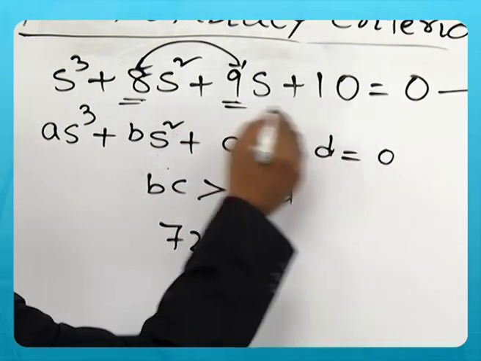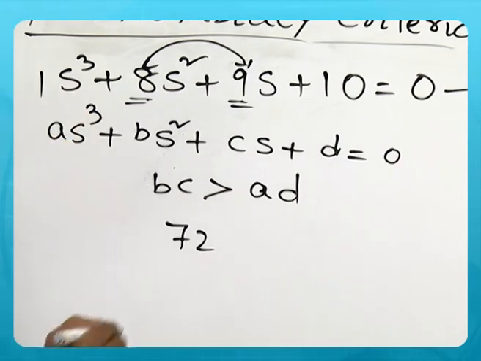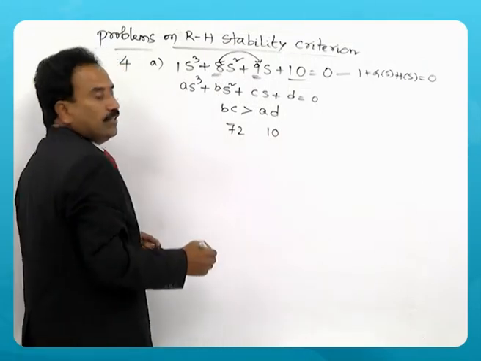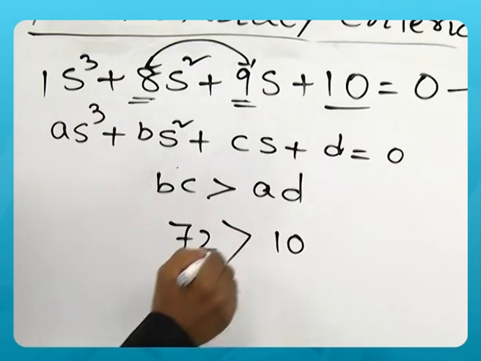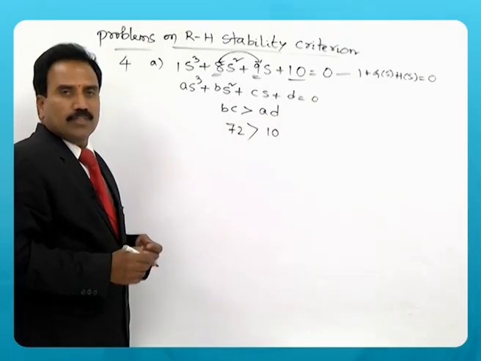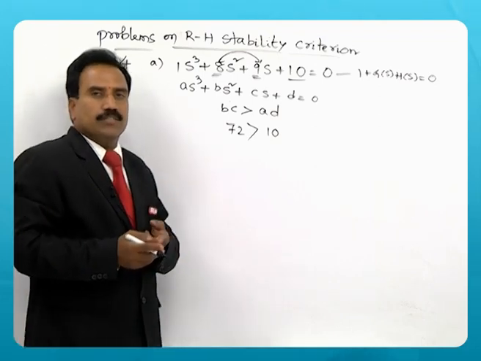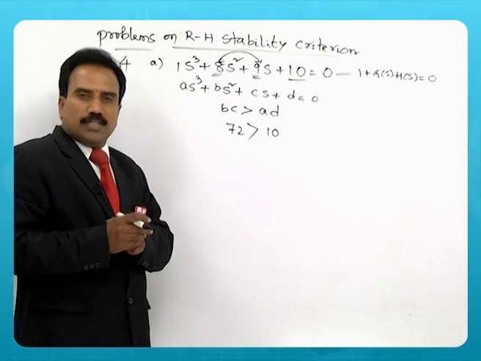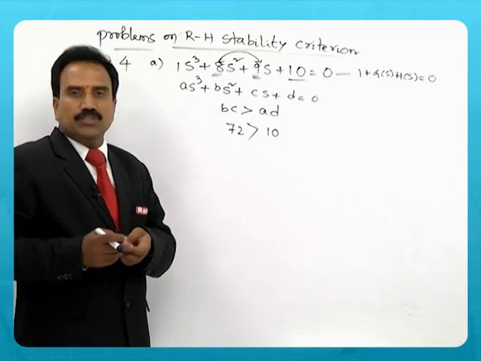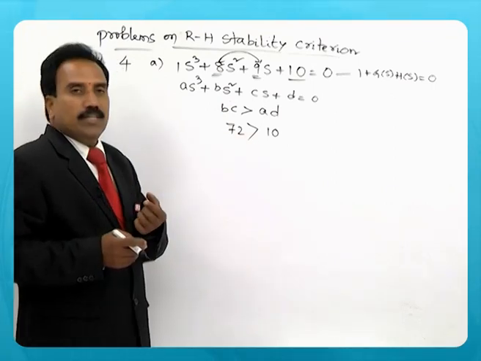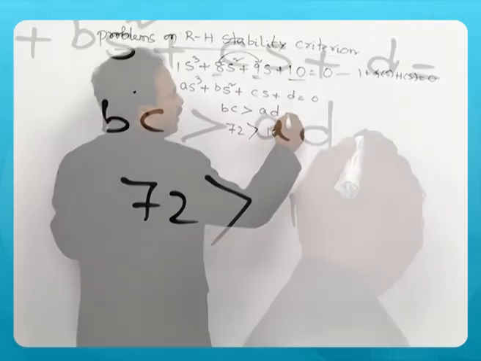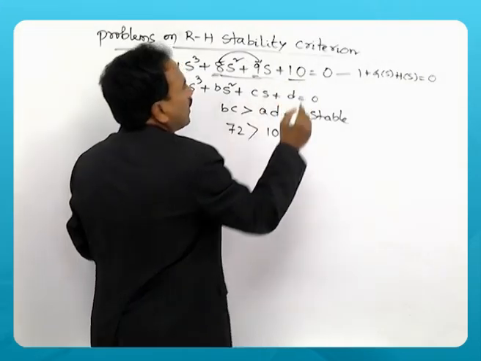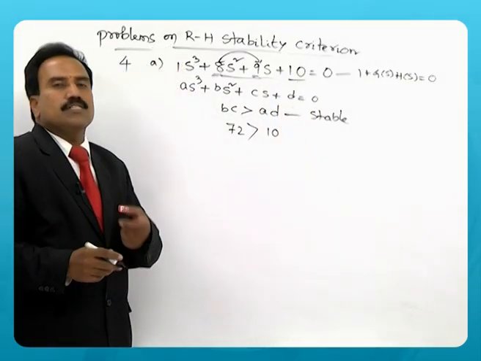Now ad, the coefficient a is 1 and d is 10, so you get 10 as ad product. So 72 is greater than 10. So even if you create R-H table, definitely the first column of that table will have no sign change. So I say that this given characteristic equation is a stable system.